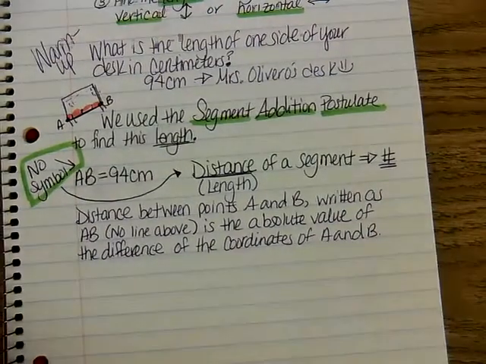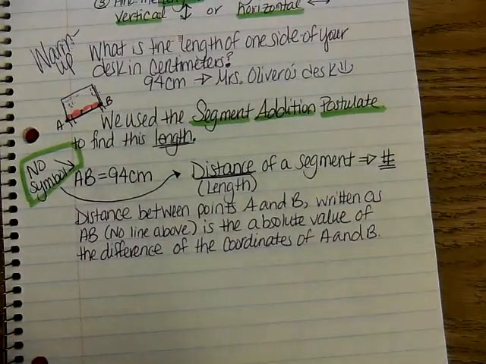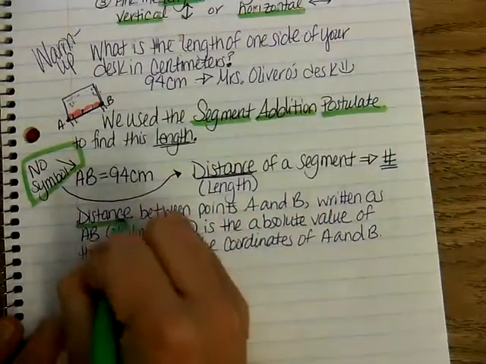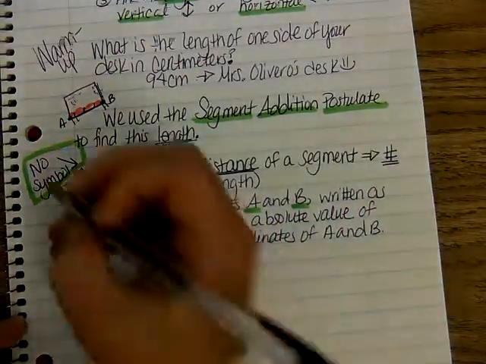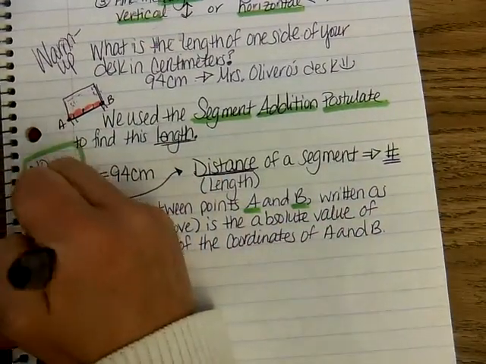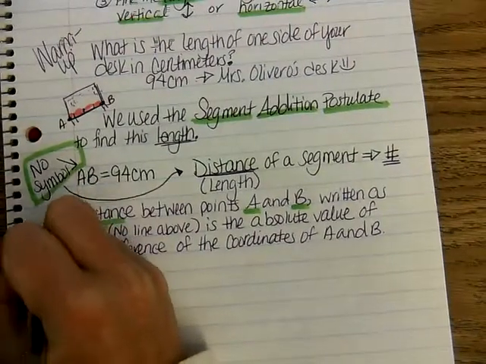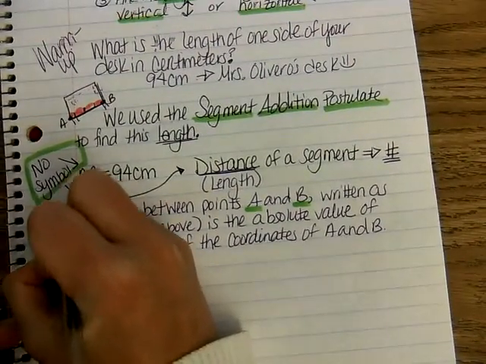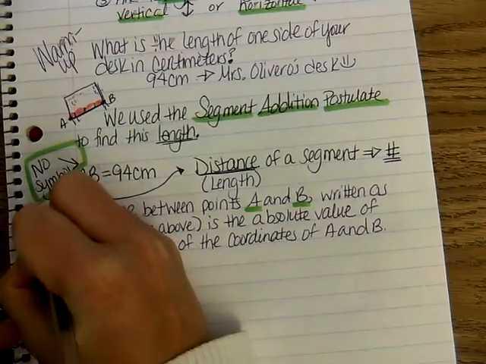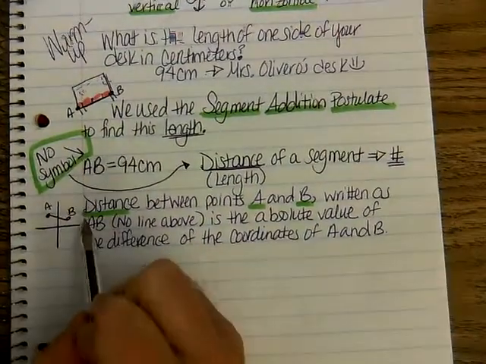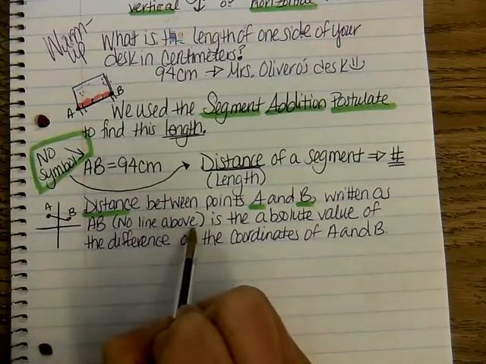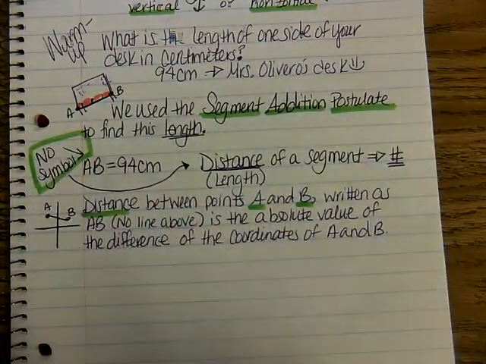There was a lot that I just wrote right there. So what I mean by that, the distance between points A and B, if we were to talk about this on a coordinate plane or on a number line, in order for you to find the distance between 2 points, A and B, it is written as AB with no line above because distance represents a number.